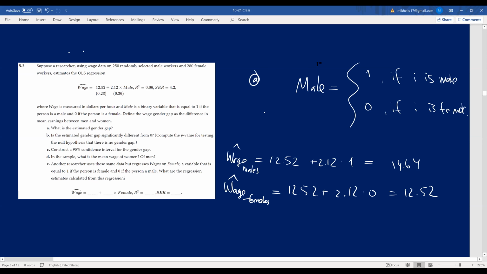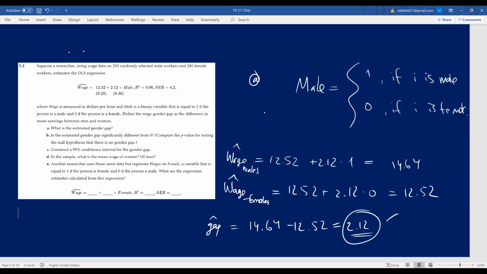Then the gap between wages, which I denote by delta, or the estimated wage gap is better. Gap head will be the difference between the two, that's 14.64 minus 12.52, that's 2.12.